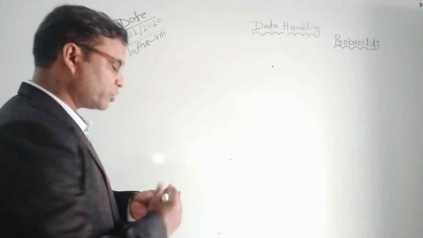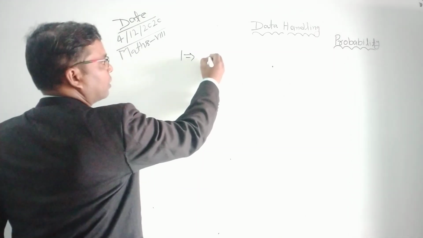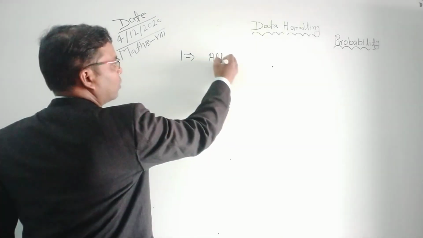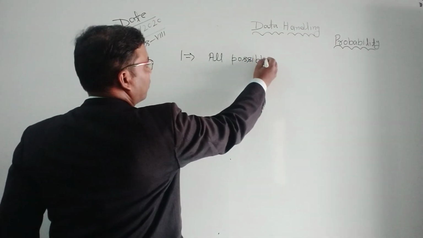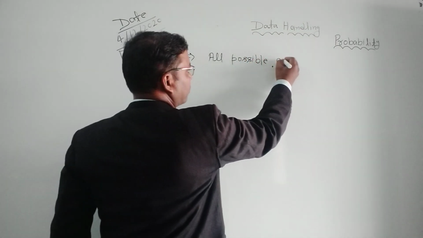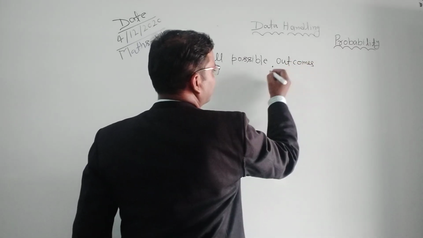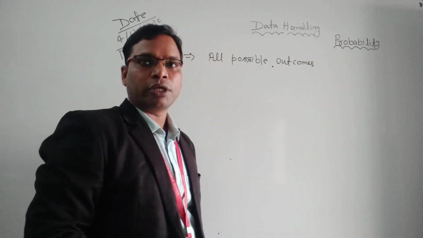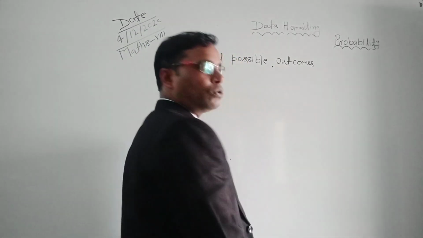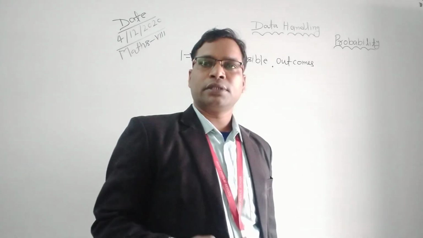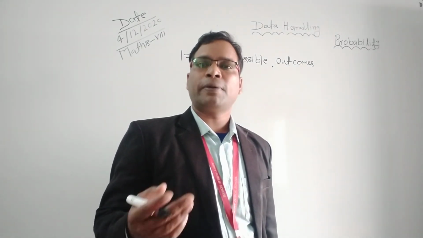So question number 1, we write here all possible outcomes. All of you know dice, and I hope all of you play dice.